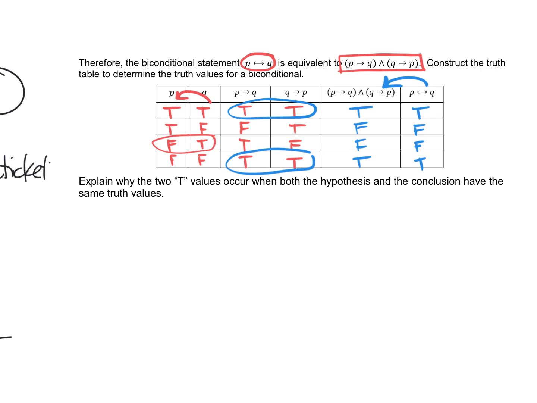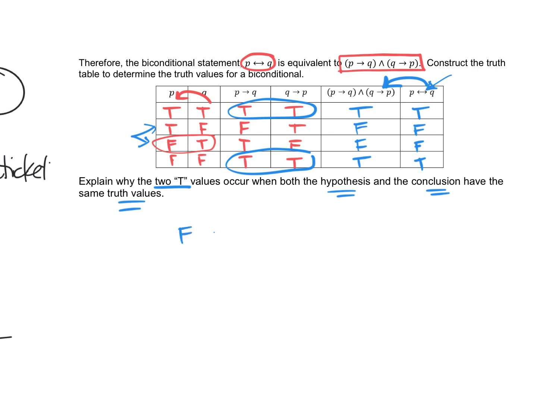I'm just writing this for that last column because it means the same thing. So it says explain why the two truths occur when both the hypothesis and conclusion have the same truth values. Well, in the other two rows, if they have opposite truth values, then it's going to be false in one of the directions. For our biconditional, we want them to work in both directions.